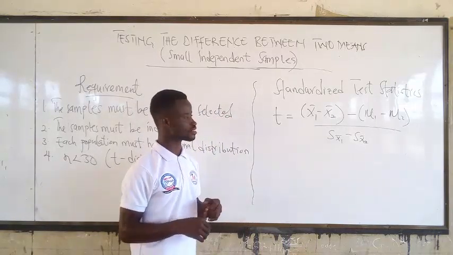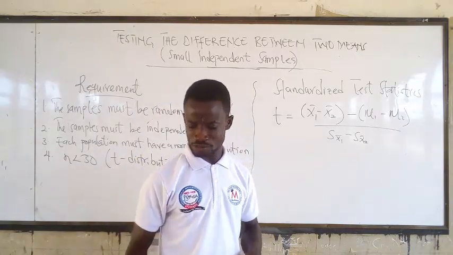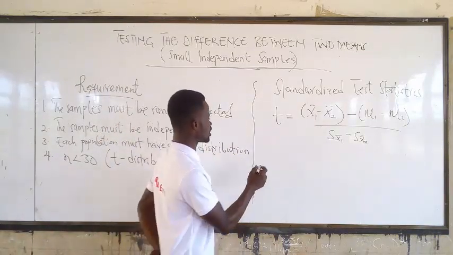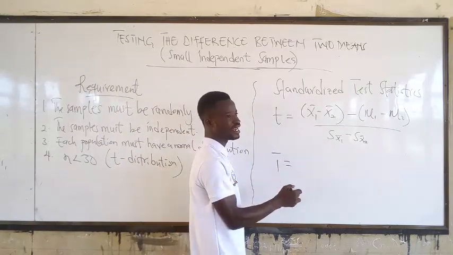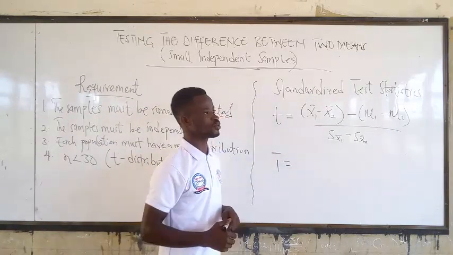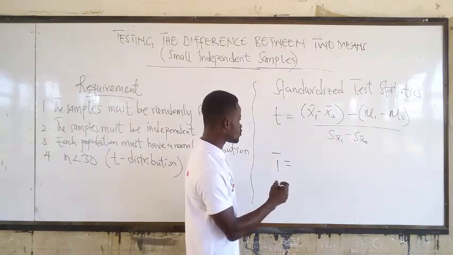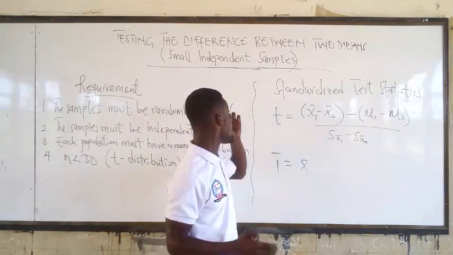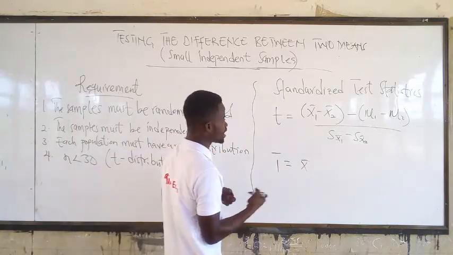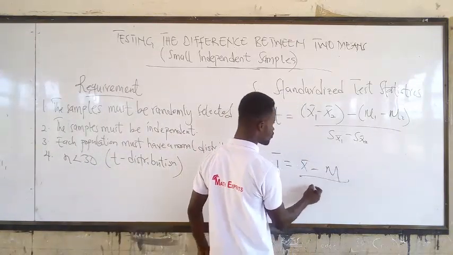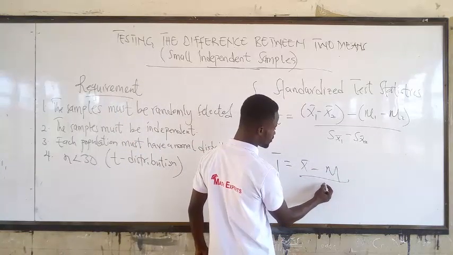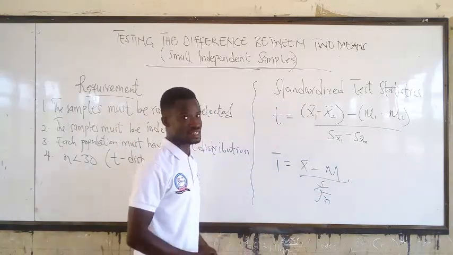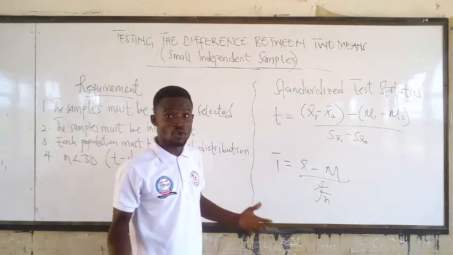Now let's see the standardized test statistic. This formula, I don't want you to chew it, because it's the same as the one we had when we were doing the confidence interval, and that one was x bar. Or when we were dealing with one mean, that would be x bar minus mu, over s over the square root of n. But here we are dealing with two means.